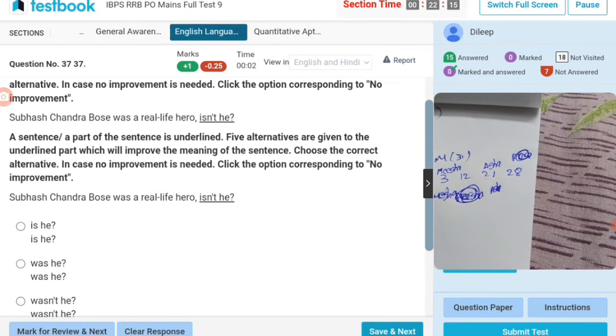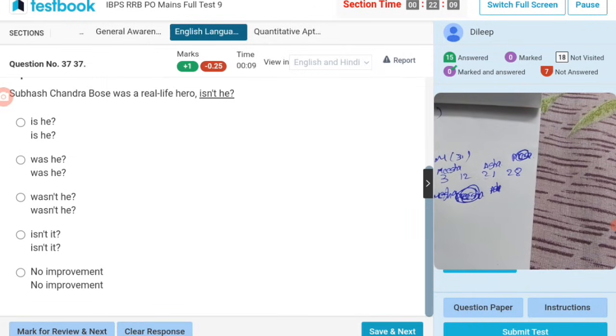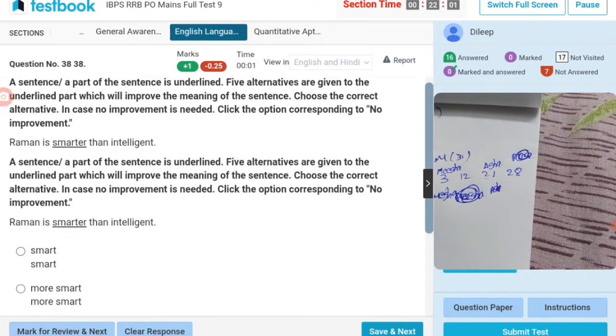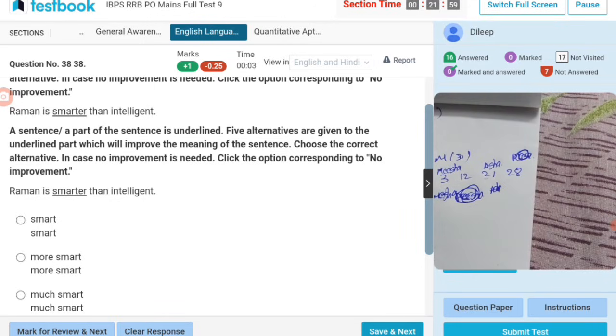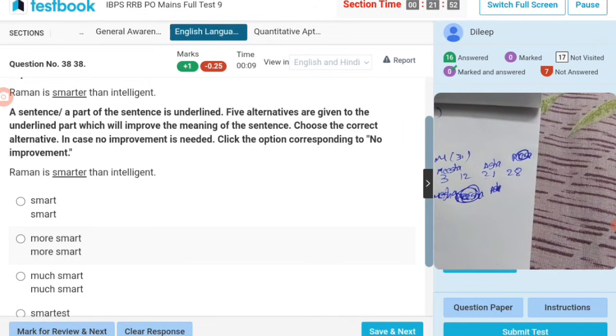Subhash Chandra Bose was a real life hero. Next. Raman is smarter than intelligent.